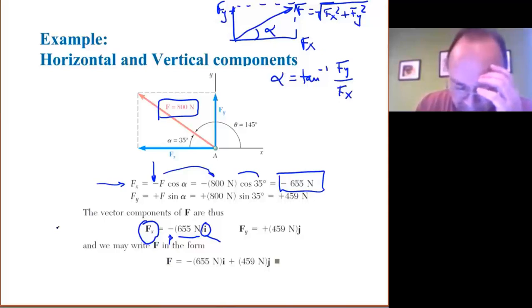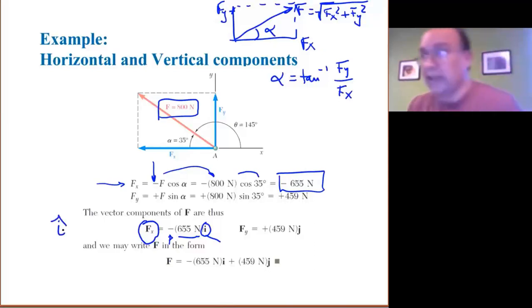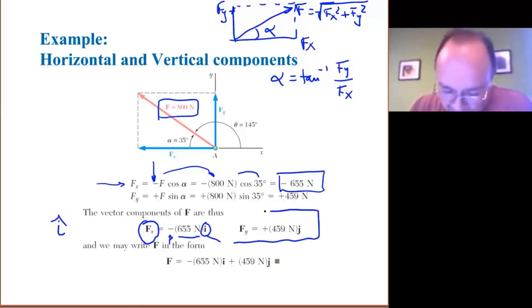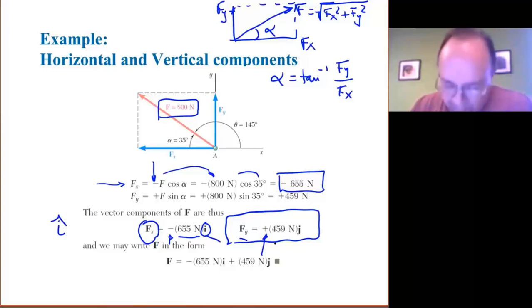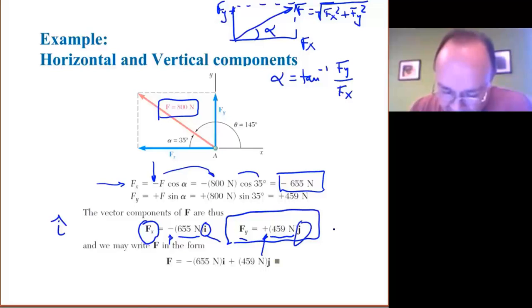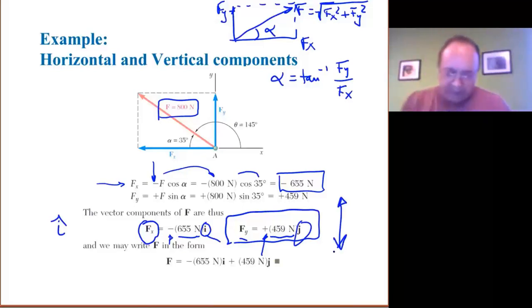It has to be I because it's in the X direction. This is the notation for the Y component, the vector in the Y direction. The positive is telling me that it's going in the up direction, then the magnitude of the vector and the direction of the vector. J is the direction in the vertical direction.